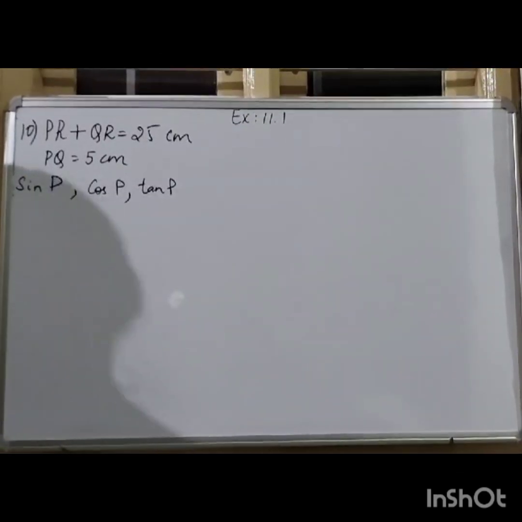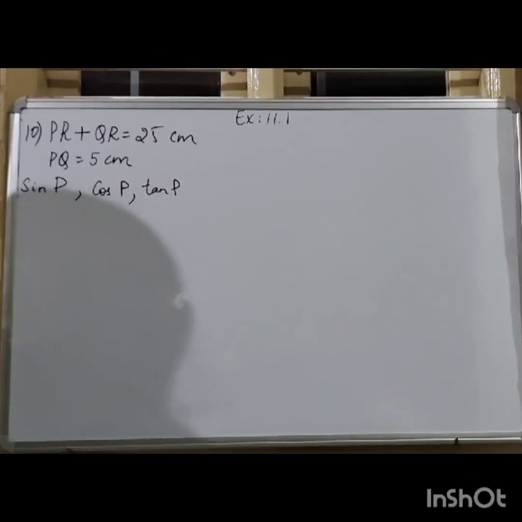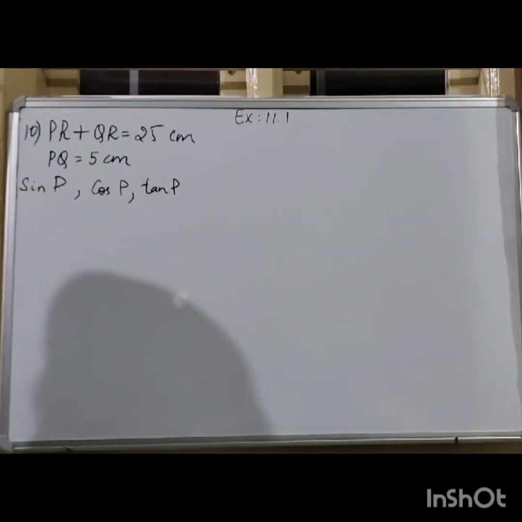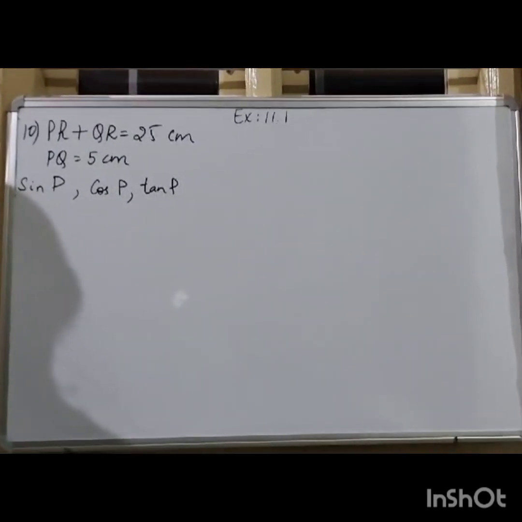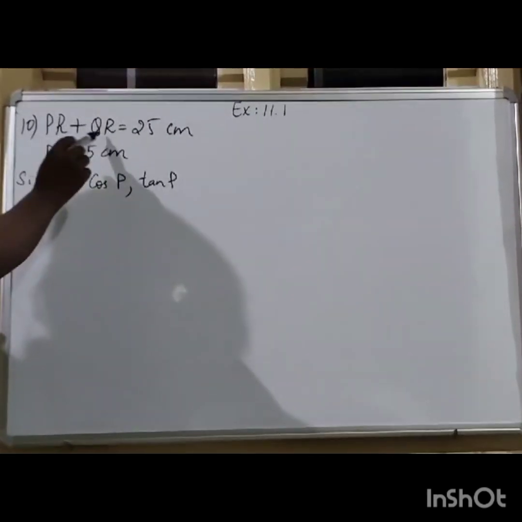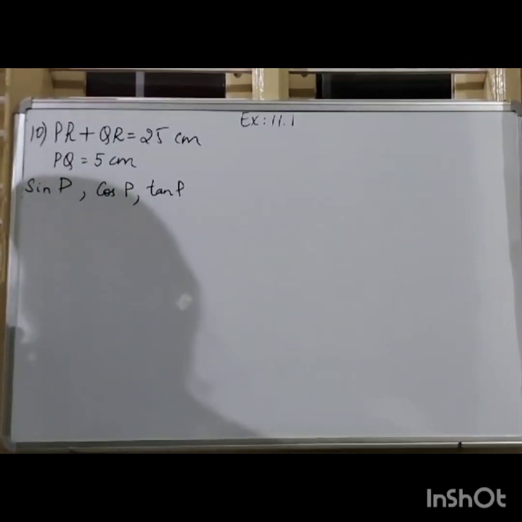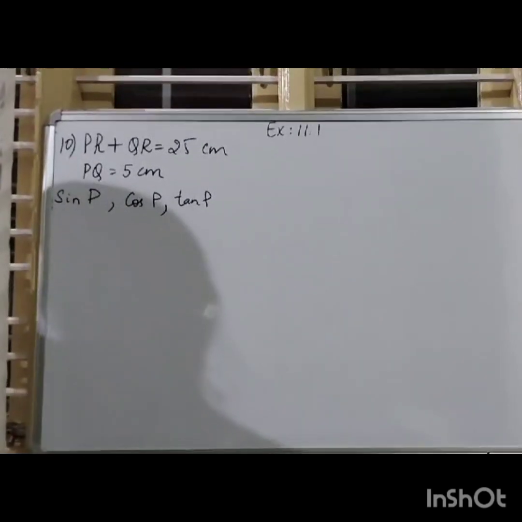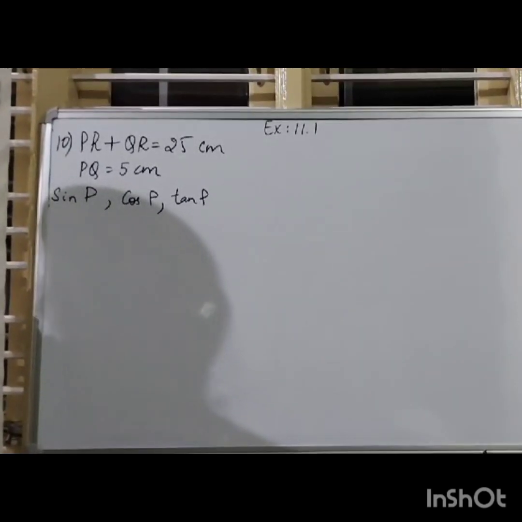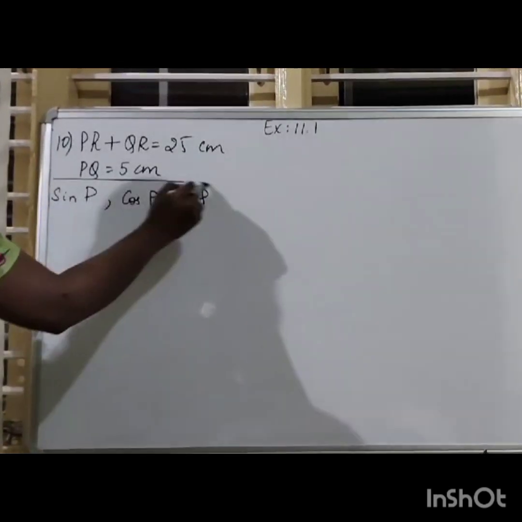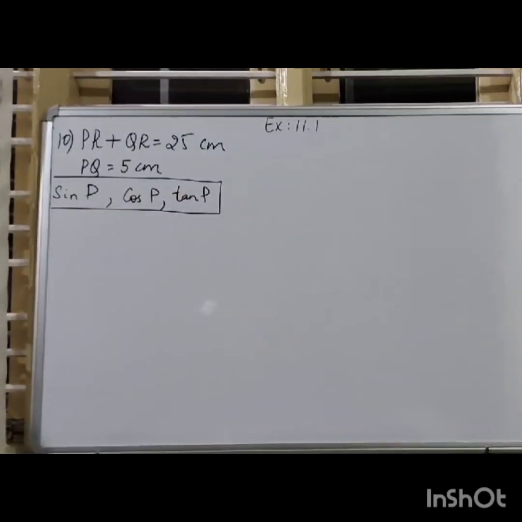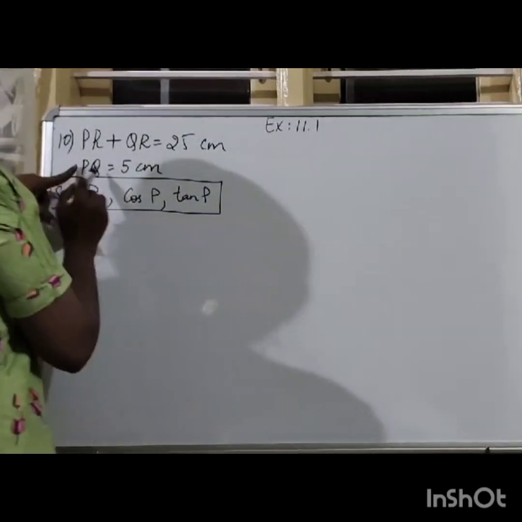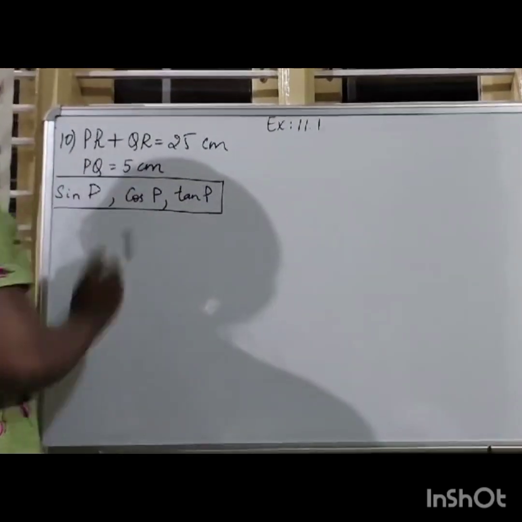Now let us move on to the 10th question. The 10th question says that in a triangle PQR, right angled at Q, PR plus QR is 25 centimeter, PQ is equal to 5 centimeter. Determine the values of sin P, cos P and tan P. What is given is the PQ value and the PR plus QR value.